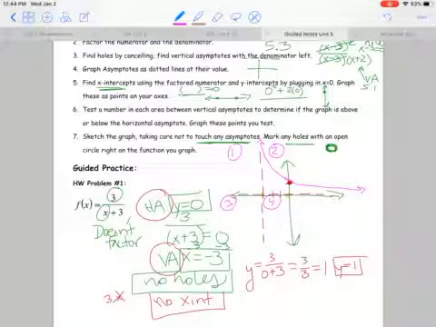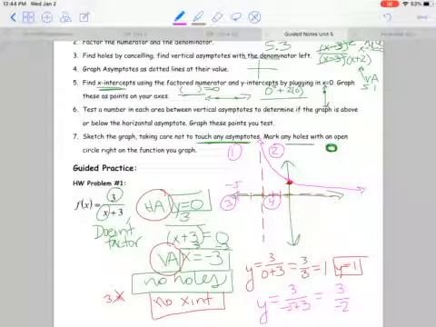If we test another number, like let's say I want to look at negative, what is that, 1, 2, 3, 4, 5. So that just means in my original problem, if I test negative 5, we get 3 over negative 2, which is about negative 3/2, so that's about right here.